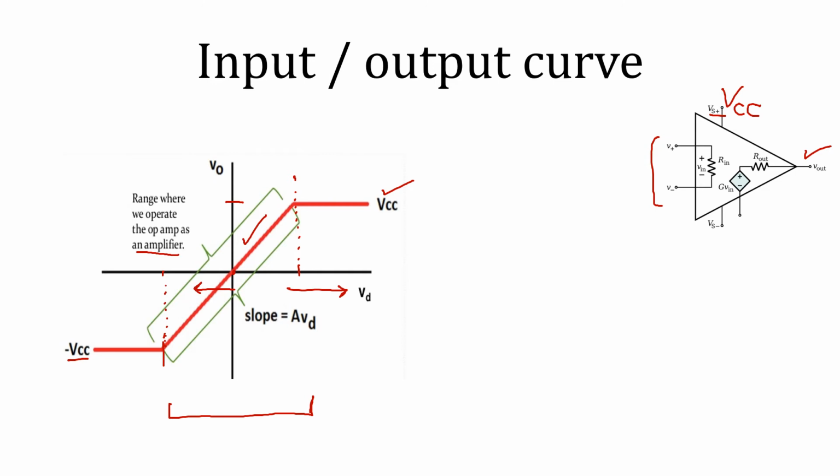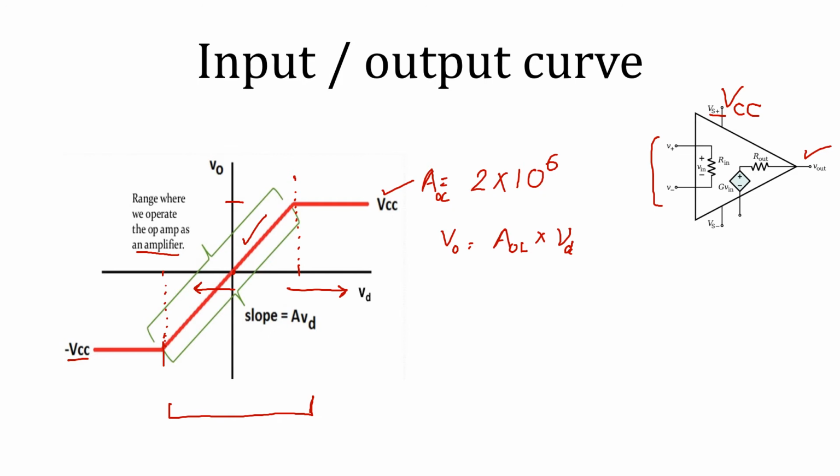So let's do one numerical calculation and see its importance. We know that its gain is usually 2 into 10 raised to power 6, since this is in open loop condition. So its open loop gain, AOL, is 2 into 10 raised to power 6. It means V out will be AOL into VD, or V in, whatever you want to say, the differential voltage. This is the formula.